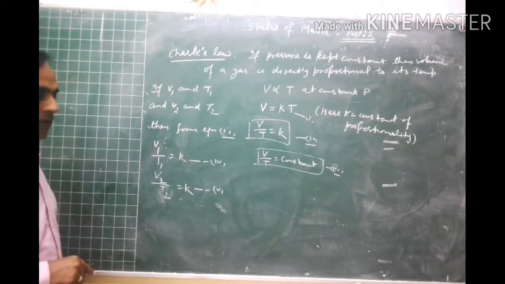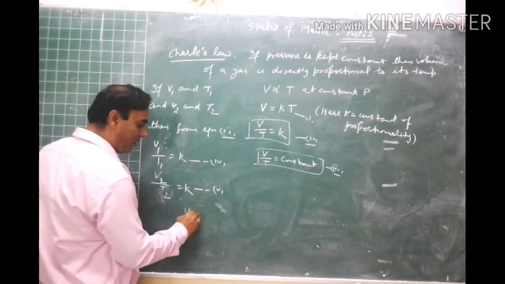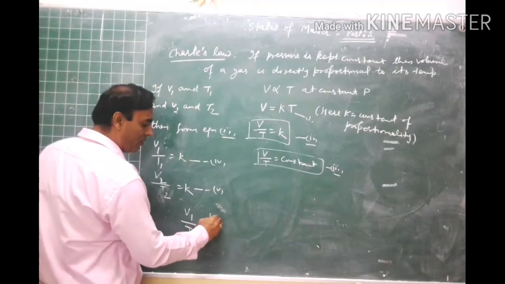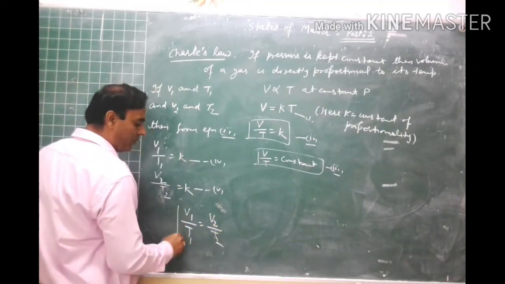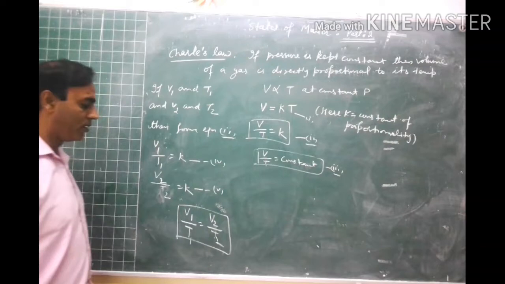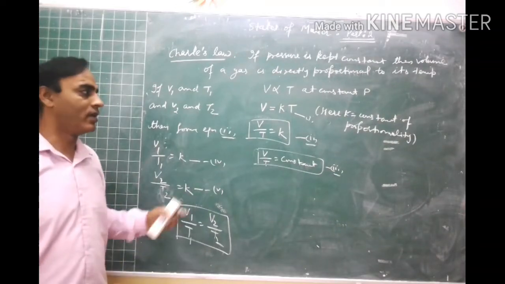Then from equation 4 and 5 we can write V1 upon T1 is equal to V2 upon T2. So this equation is used in solving numericals.